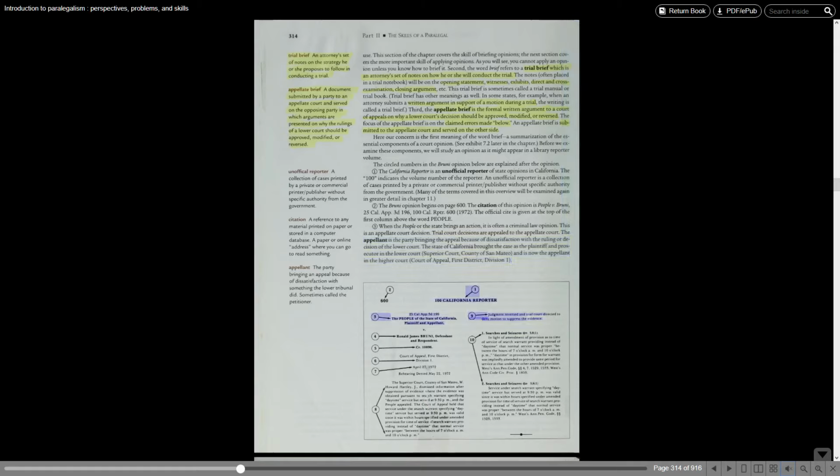100 California Reporter, 25 Cal. App. 3d 196. The People of the State of California, Plaintiff and Appellant, v. Ronald James Bruni, Defendant and Respondent. Judgment reversed, and motion to suppress evidence denied. Court of Appeal, 1st District, April 27, 1972.